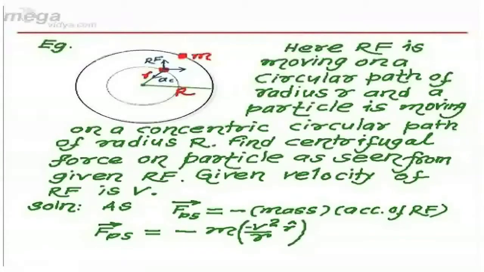So mass of the body is m, acceleration of reference frame is v square upon r in the direction minus r cap, where r cap is the unit vector along the radius. So finally we got the answer mv square by r in the direction r cap.